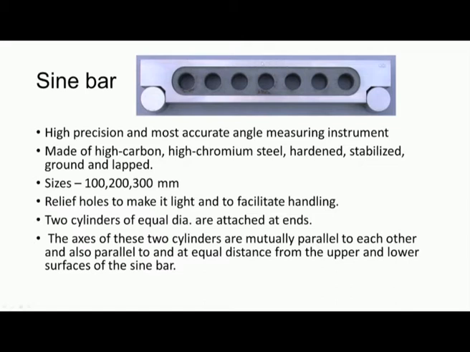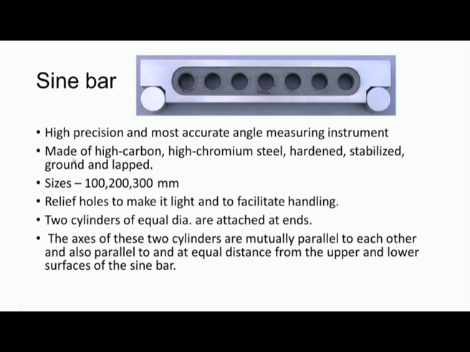This is the body of the sine bar and we have two rollers, very precisely machined rollers fixed to the two ends of the sine bar and we have circular holes here to reduce the weight of the sine bar. So, this is a very high precision and most accurate angle measuring instrument. We can measure the angles even to an accuracy of few seconds.